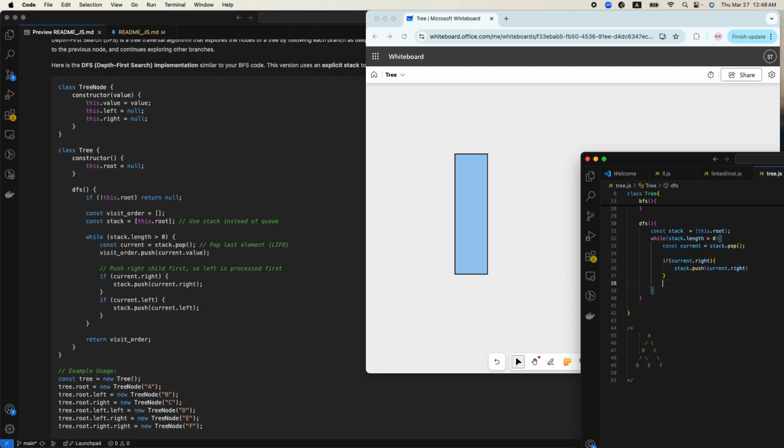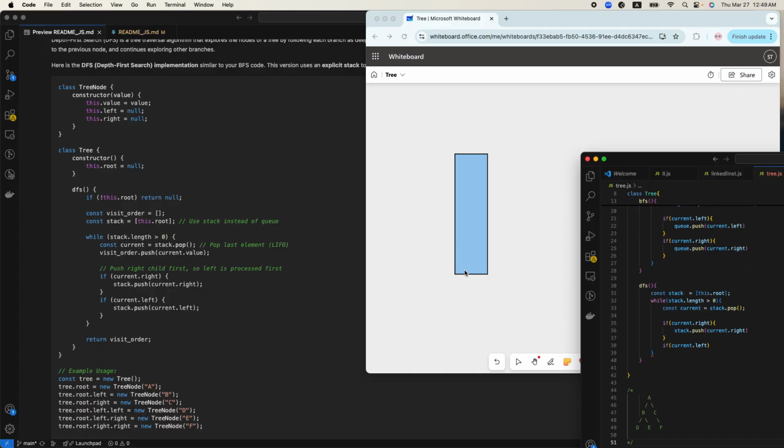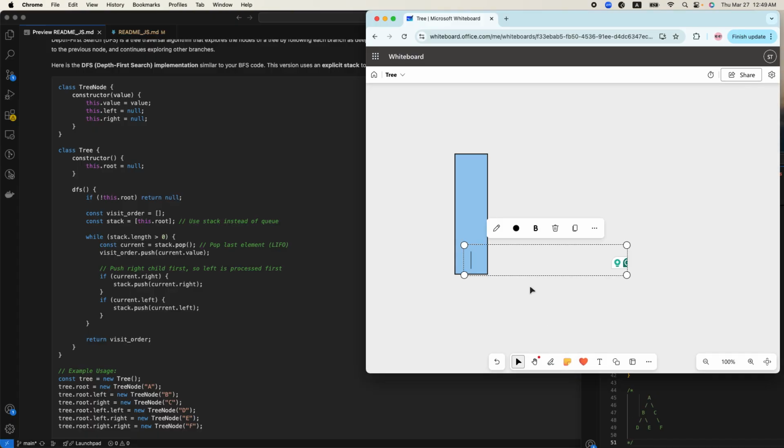So we say if current.left, if it has a left child. At this point, when we check, does A have a right child? Yes, we see it has. So we add this right child to the stack, that is C. Okay, we added that here.